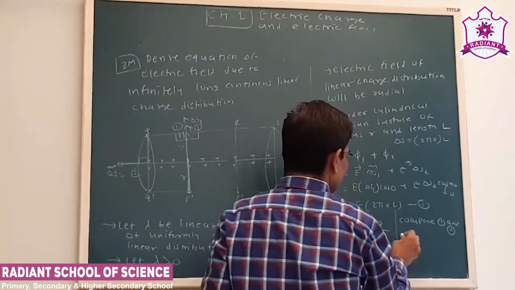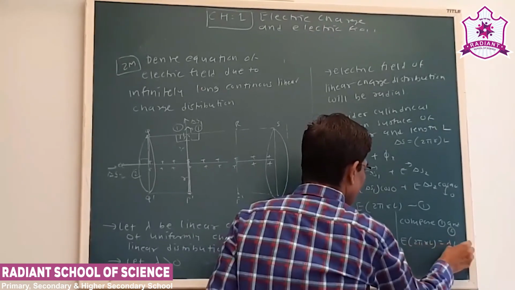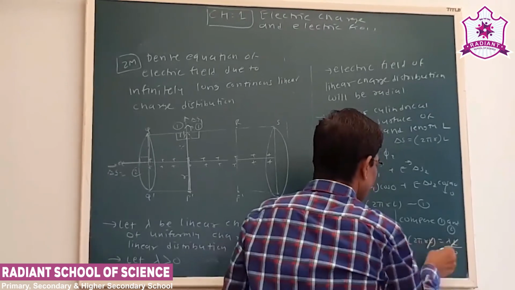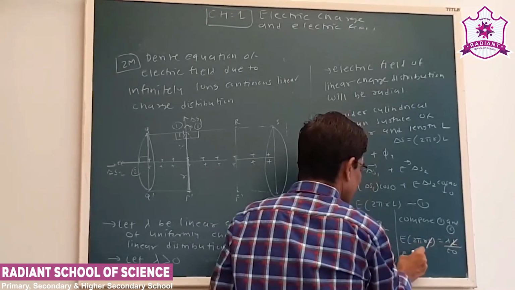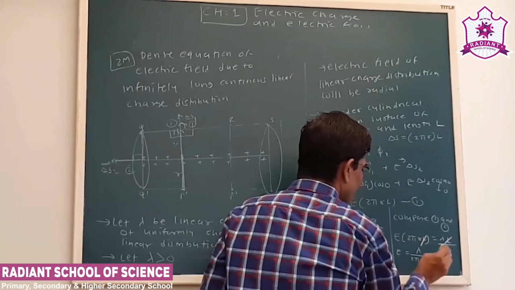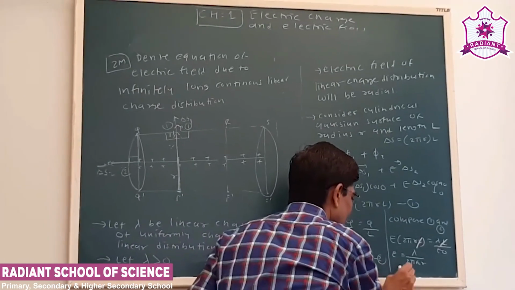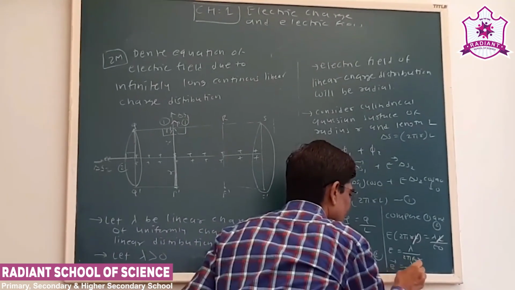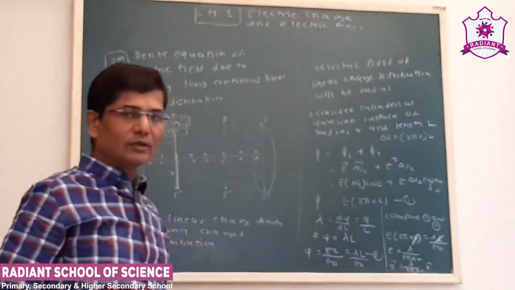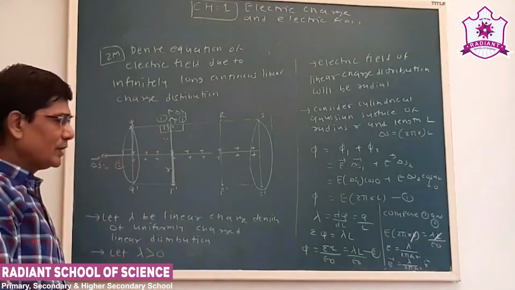So in that case, E into 2 pi R L is lambda L upon epsilon 0. So L cancels. So E is lambda upon 2 pi epsilon 0 R. Now we can represent it in vector form with the unit vector: lambda upon 2 pi epsilon 0 R times r caret.